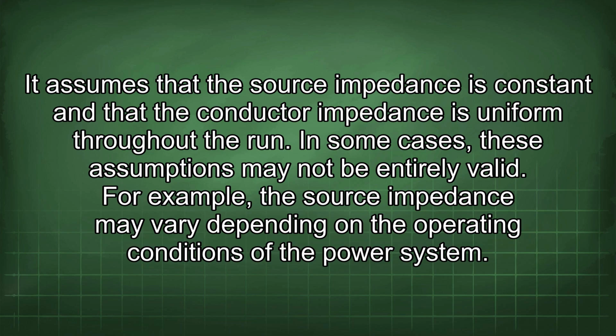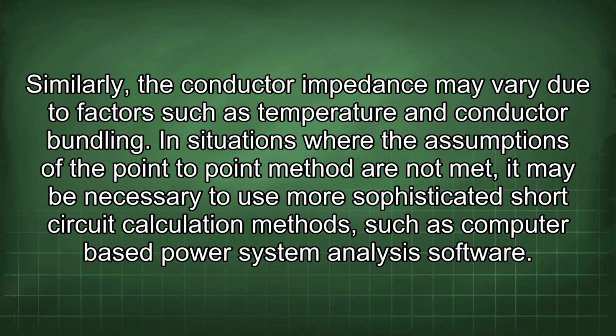For example, the source impedance may vary depending on the operating conditions of the power system. Similarly, the conductor impedance may vary due to factors such as temperature and conductor bundling. In situations where the assumptions of the point-to-point method are not met, it may be necessary to use more sophisticated short-circuit calculation methods such as computer-based power system analysis software.